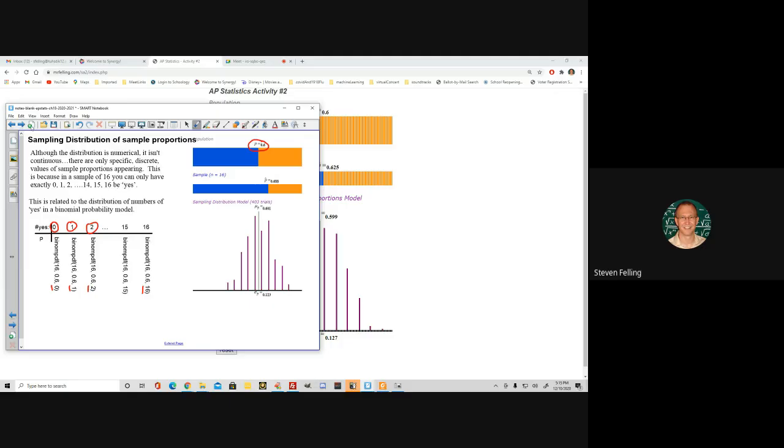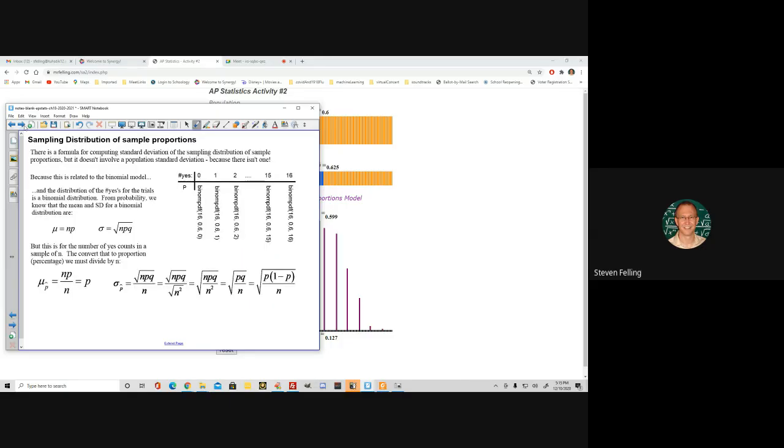It turns out there is a formula for computing the standard deviation and the mean. It's a little harder to get it experimentally like we did yesterday, so I'm just going to show you algebraically where it comes from. Because this is binomial, we know it could be approximated with a normal approximation if the sample size was big enough. And if that were true, then the mean would be np and the standard deviation would be the square root of npq. But because we're talking about a proportion, which is a percentage, we have to take that number and divide it again by n.